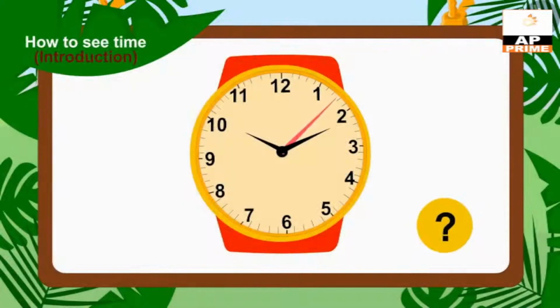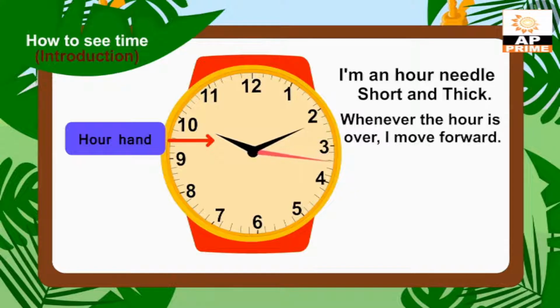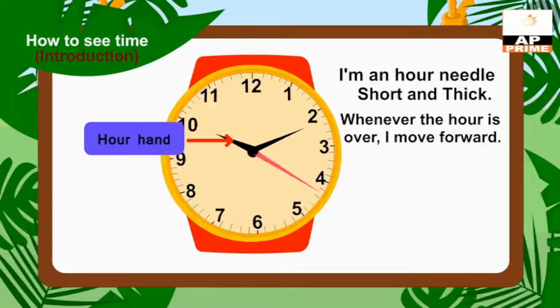Children, do you remember the needles of the clock? Come, let's revise them once again through a poem. I am a 1-hour needle, short and thick. Whenever the hour is over, I move forward.